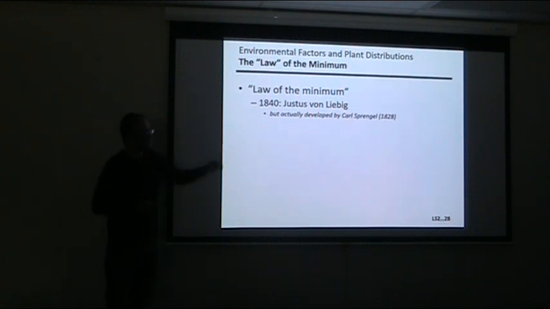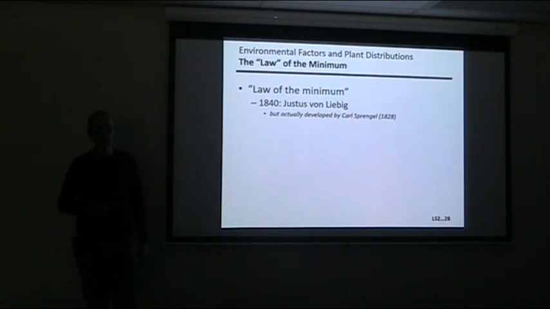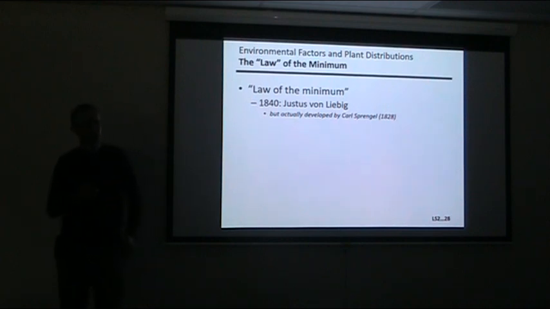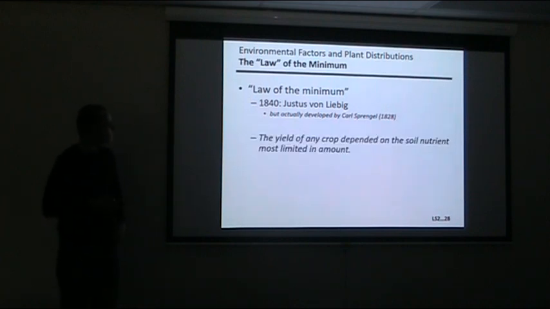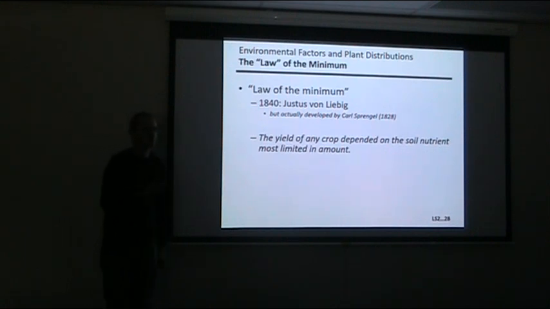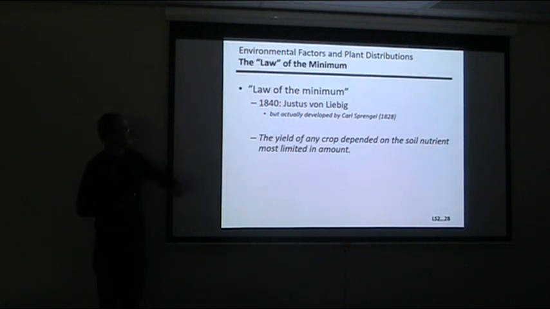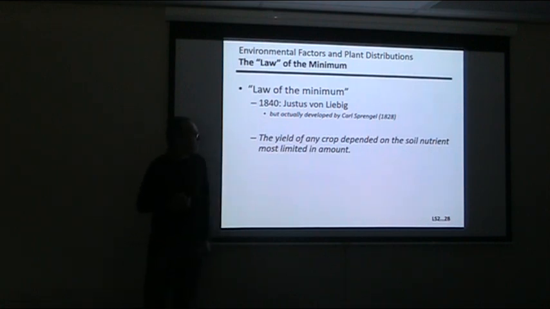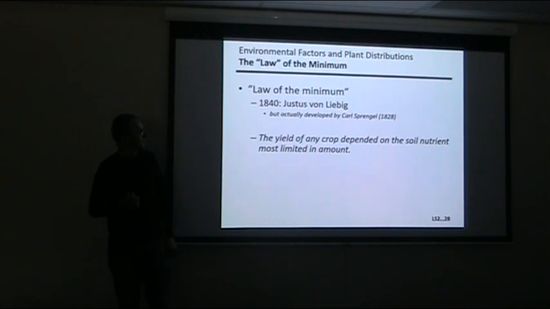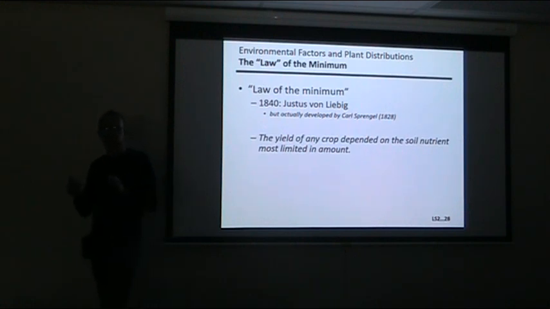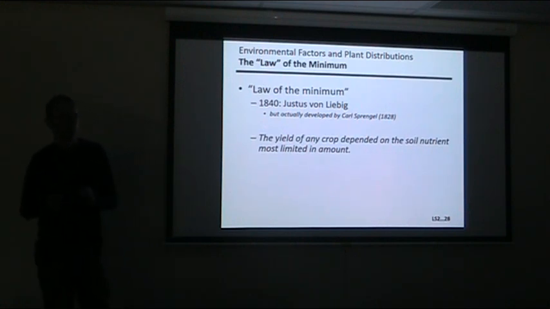It should be Sprengel's law of the minimum, but he didn't do a good job advertising it. At the time it was developed, it was focusing on crop science, and it states that any yield of any crop is limited by the soil nutrient that is the least available.